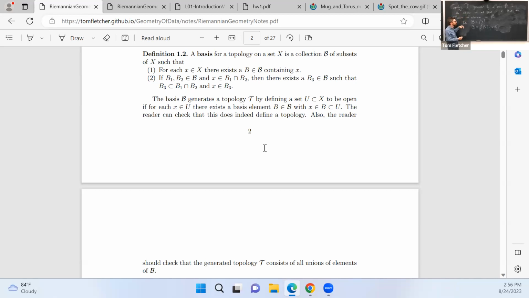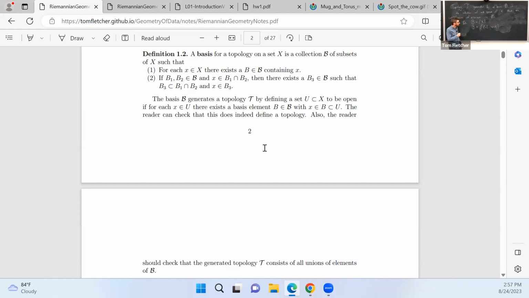I'm going to skip that kind of proof. It's fairly straightforward. If you want to think more deeply about it, convince yourself that if I take any collection that satisfies these two rules, and then I take any unions of those things, the resulting subsets will satisfy these three rules. Okay, and that proves that a basis, when you go through this generating process, gives you a valid topology.